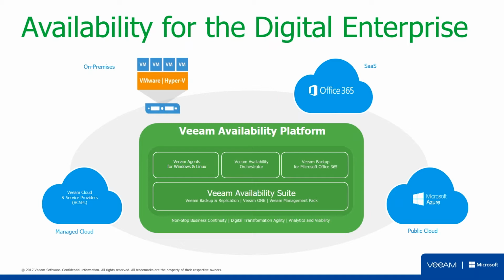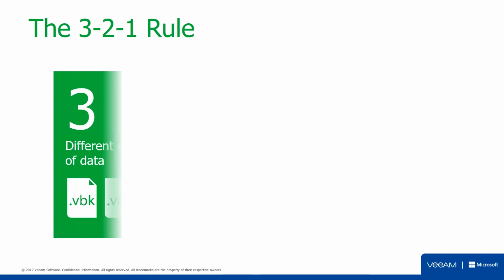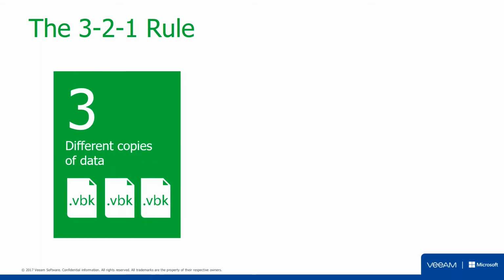So I want to throw out some scenarios to you. I want to get you used to some of the ideas associated with this hybrid cloud and availability concept. And hopefully by the time we're done, you have a good idea of what we mean when we say leveraging hybrid cloud to improve availability with Veeam.